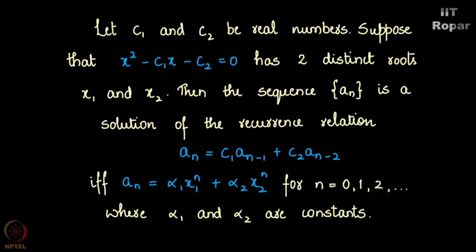It is some constant times an minus 1 plus a constant times an minus 2. And the solution is of the form alpha 1 x1 to the n plus alpha 2 x2 to the n. These x1 and x2, as you remember, are the distinct roots of the quadratic equation. Now, let us see how we can apply this theorem in a few problems.